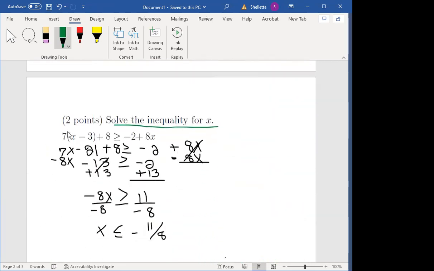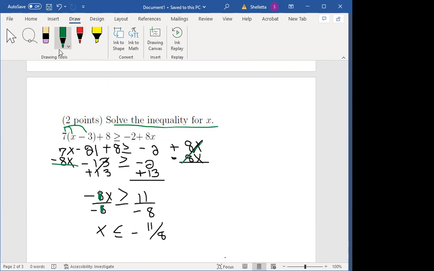So look here, we distribute first, 7 times x, that gives us 7x, 7 times the minus 3, that gives us negative 21, and then we carry down the 8. Greater than or equal to negative 2, we carry down our 8x as well. We combine like terms by subtracting 8x from both sides. And 7x minus 8x, that gives us negative 1x down here. All right, so negative 1x is what we should have.